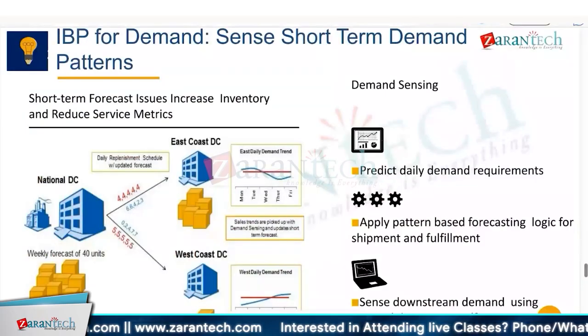The number 4444 is the forecast, and the 5555 is the forecast for the West Coast distribution center. And on top of that, there is 02477, which is the actual sales. So that's how it normally happens in the short-term scenario.